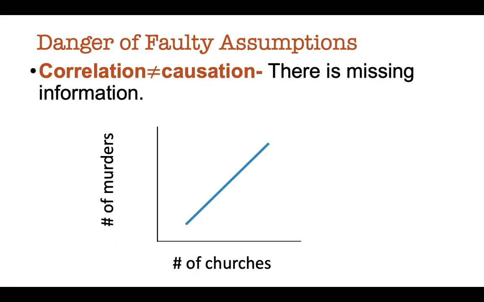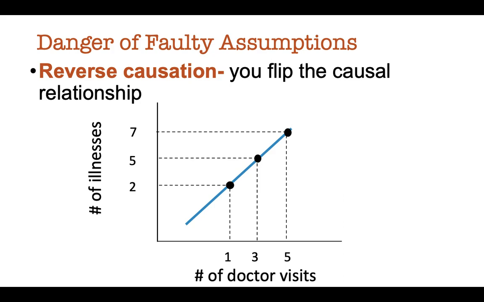So if an economist or a statistician or anybody is making the mistake of confusing correlation for causation, they're missing a piece of information. In this example here, it is the population adjustment. All right, so here's another example of a common mistake, which is reverse causation.